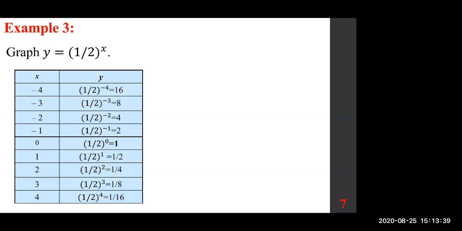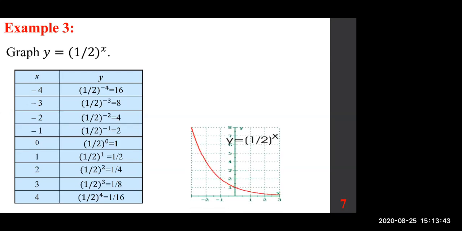And if we graph it carefully, the function y equals 1/2 to the power of x looks something like that. Now, if we change 1/2 to any number, as long as the number is between 0 and 1, it has the same shape.